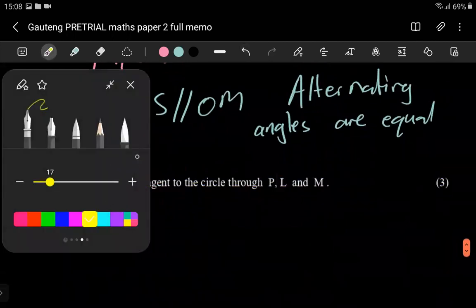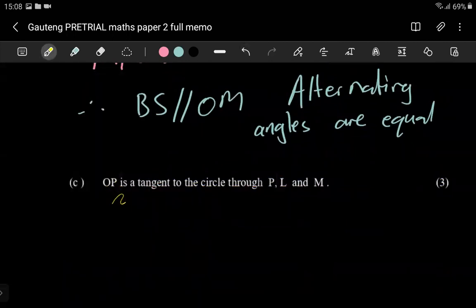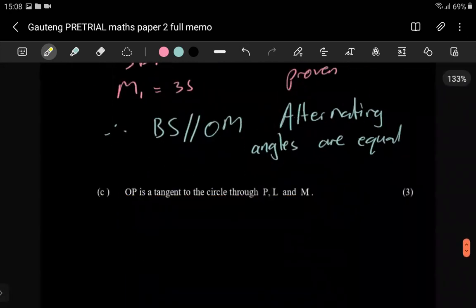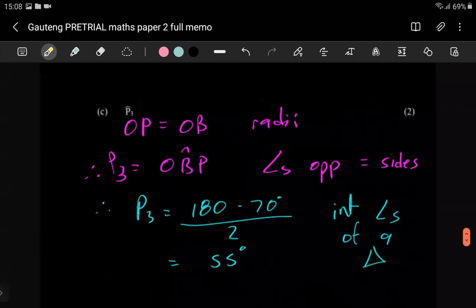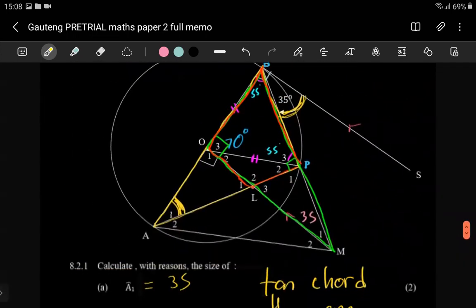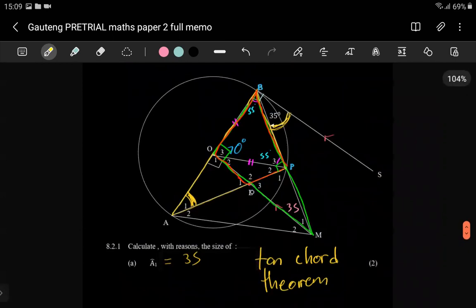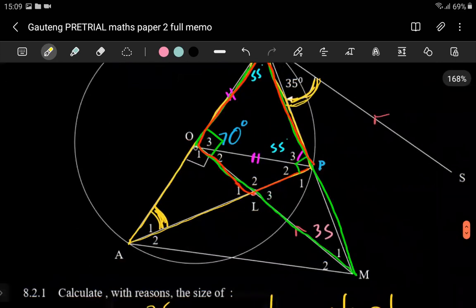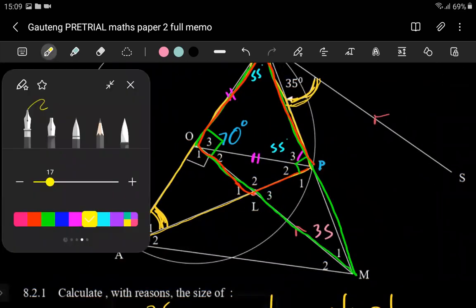Okay, so now C. C says we should prove that OP is a tangent to the circle through PLM. Where is PLM? There is P, L and M. So the line we should show as a tangent is this line over here.